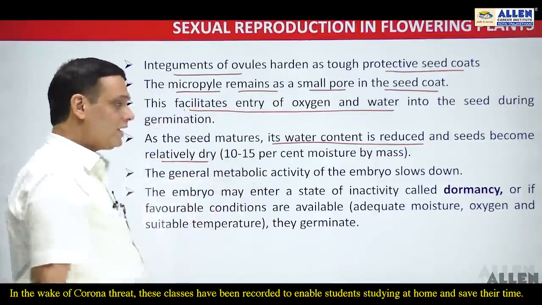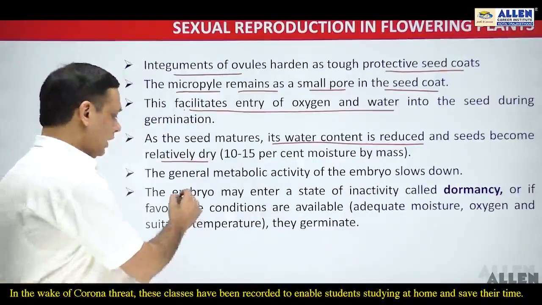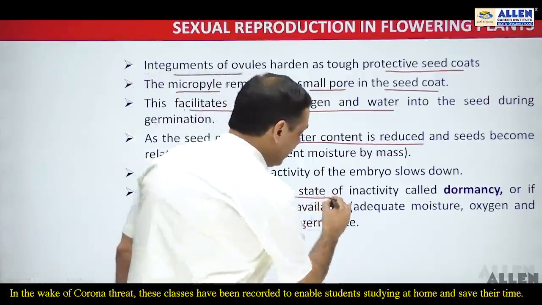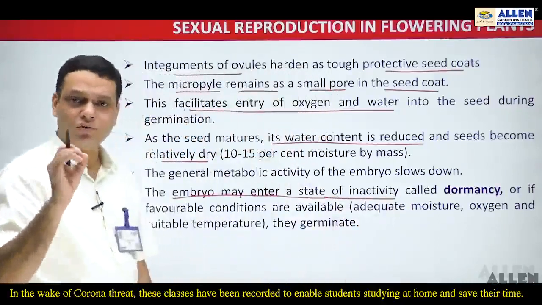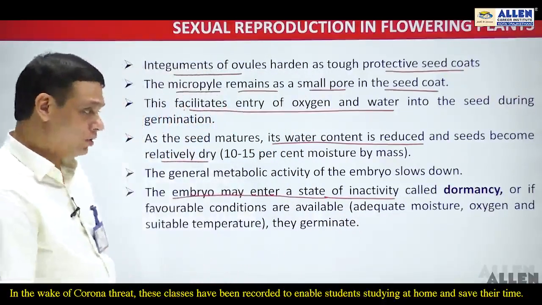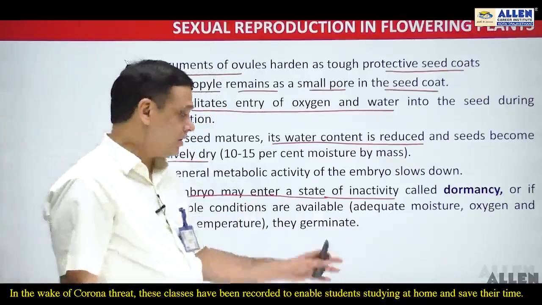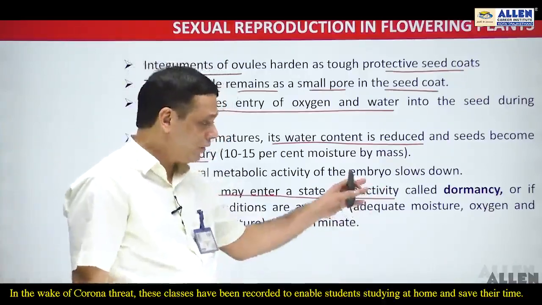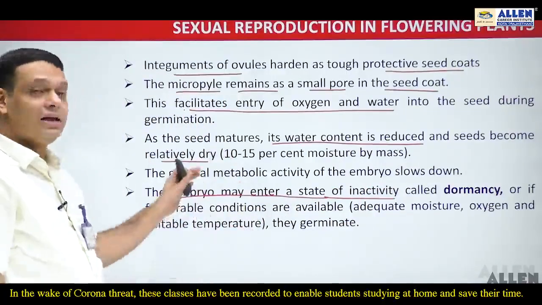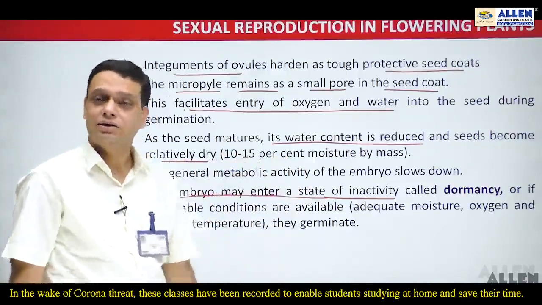The general metabolic activity of the embryo slows down, and so the embryo may enter into a state of inactivity, and that state of inactivity of the seed is known as dormancy, or you can say seed dormancy. If favorable conditions are available, favorable conditions meaning the presence of adequate moisture, adequate oxygen and suitable temperature, then those seeds come out from dormancy and they can germinate.